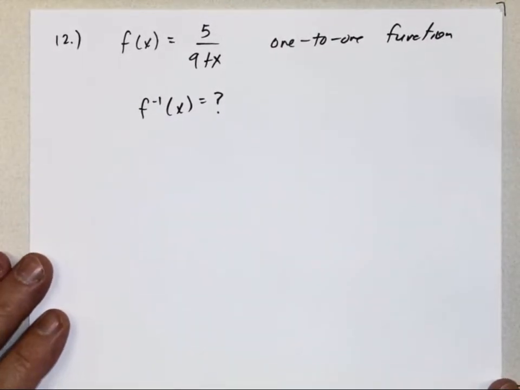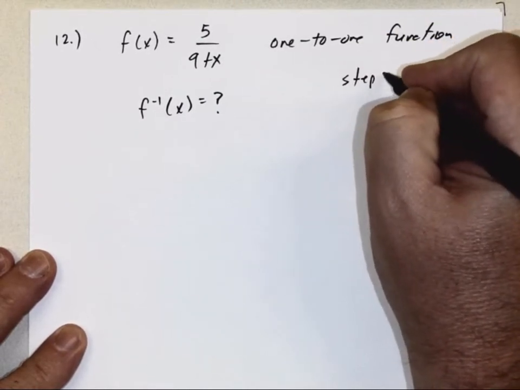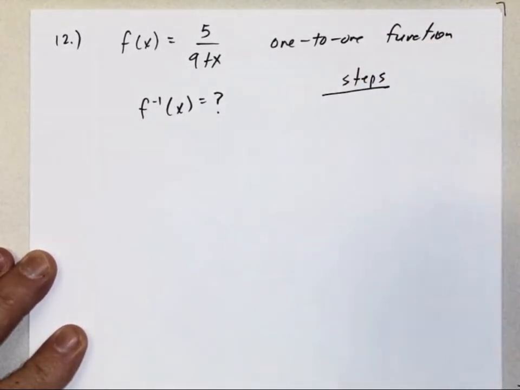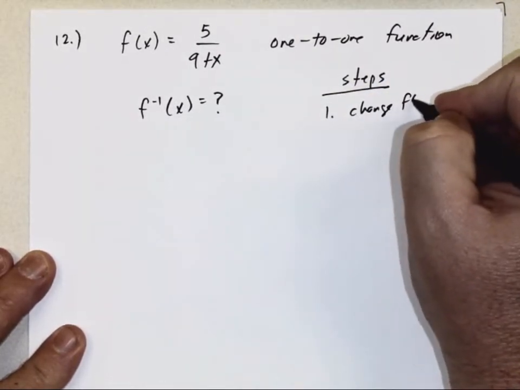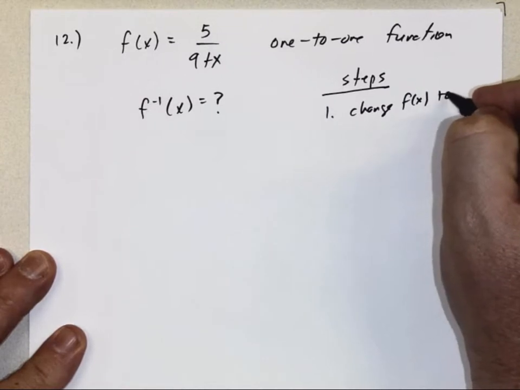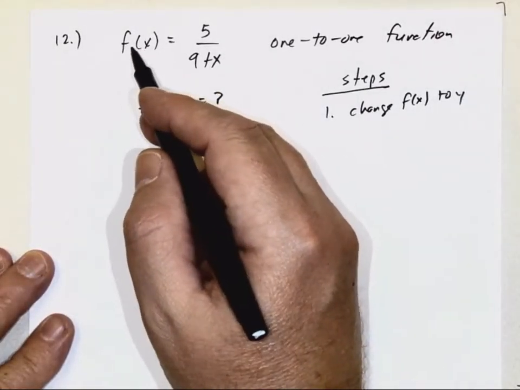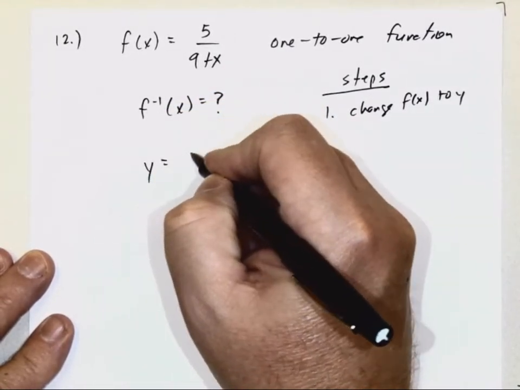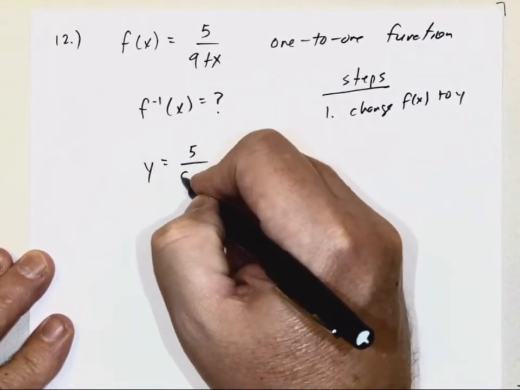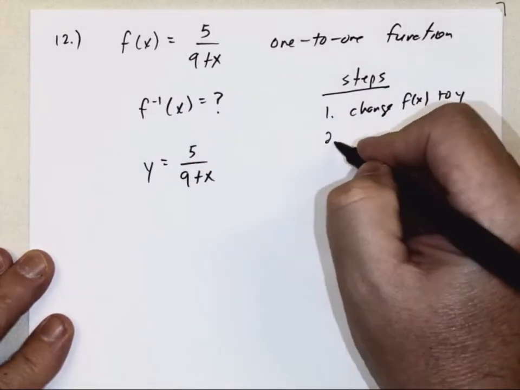When you're given an equation, finding the inverse function is pretty straightforward. Four pretty simple steps. The first step is simply notation. I'm going to replace f of x with y, which we do all the time, but I'm going to actually state it. So now I'm going to say y equals 5 over 9 plus x.